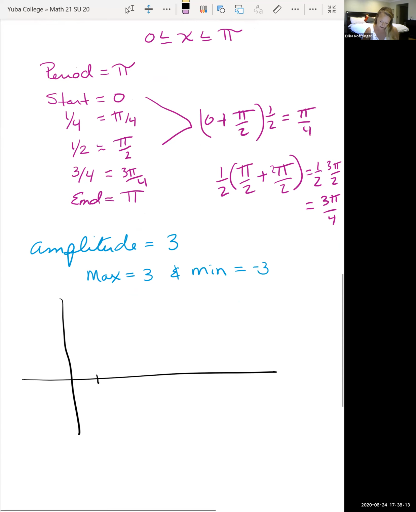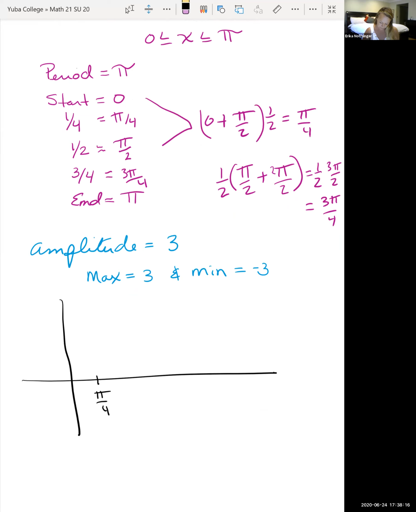Okay, so we have 0, pi fourths, pi halves, 3 pi fourths, and pi. We know max, we're going to go up 3, and we're going to go down -3. So I determine which trig function I'm using. I'm using sine, so I know sine starts at the origin.